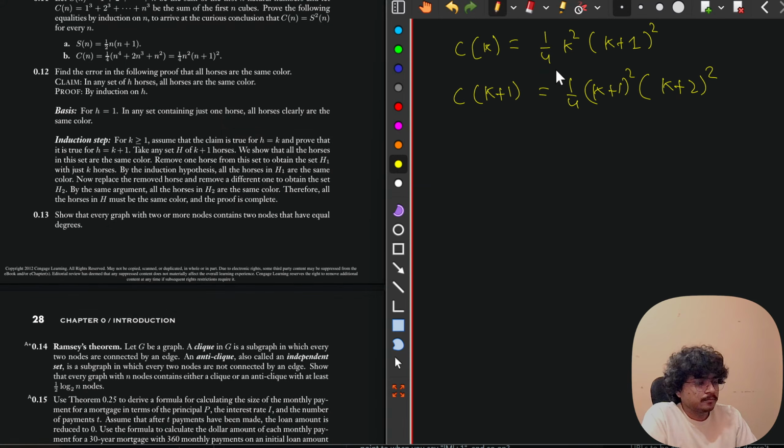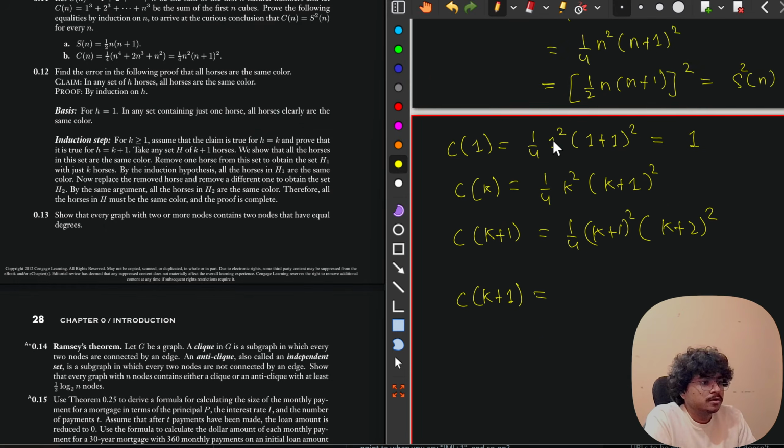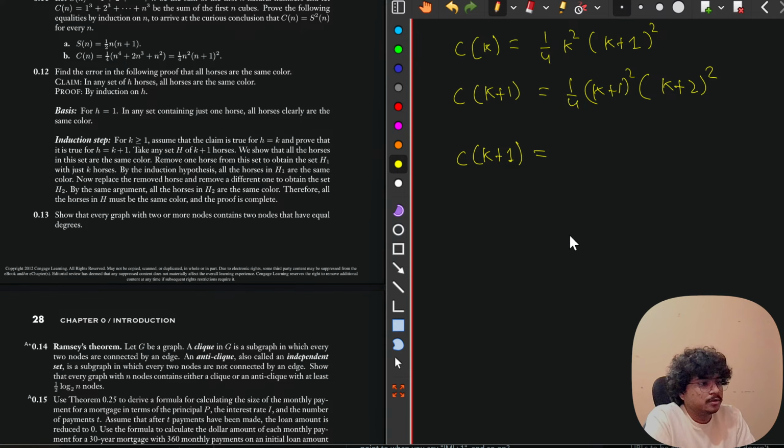So to write this function in the form of this function, going to basics, this is equal to 1 cube plus 2 cube plus so on till k cube plus k plus 1 cubed, right?